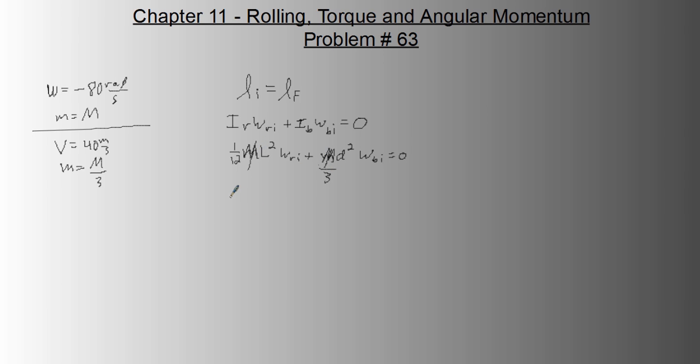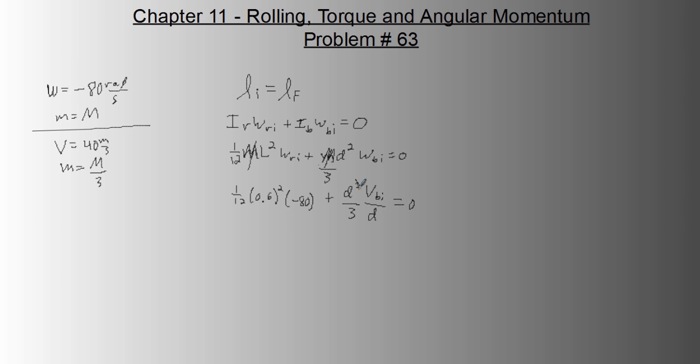Now we can plug in numbers, so this is 1/12. L happens to be 0.6 meters squared. They give us this is negative 80, that's this up here. Plus D is what we're looking for, squared times, and then omega is V over R, so this is V ball initial over D. And again, we shouldn't forget the third like we almost did before. That equals 0.